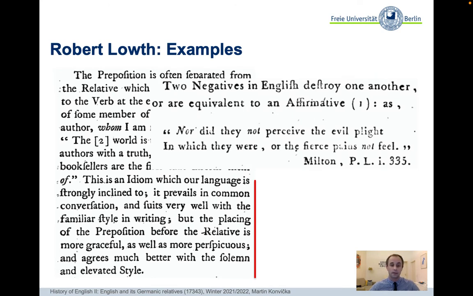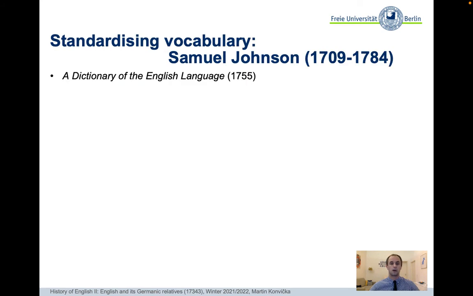Or another thing that is very much still present in our ideas about language today, the idea that two negatives sort of destroy one another, to use Lowth's words. And that two negatives should not be used.